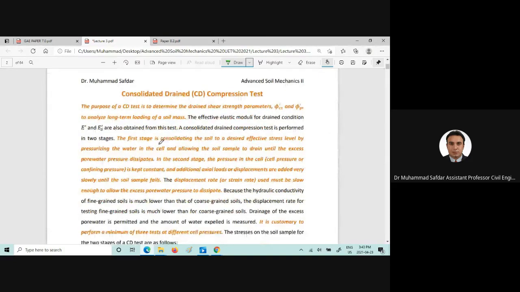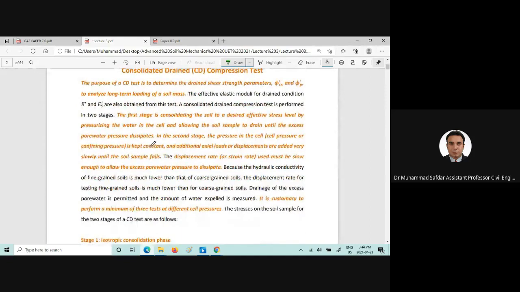Now, in order to perform the consolidated drained test, first stage is to consolidate the specimen to the desired effective stress level, like for sigma 3, and pressurizing the water in the cell and allowing the soil sample to drain until the excess pore water pressure dissipates, which means that UE will be equal to 0.